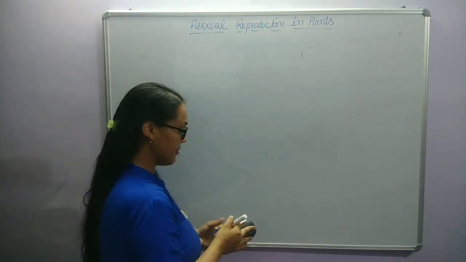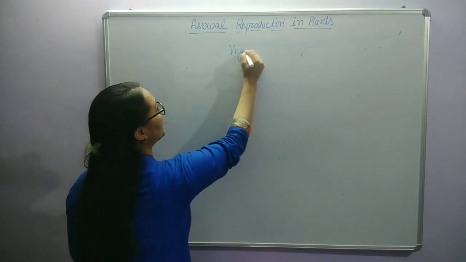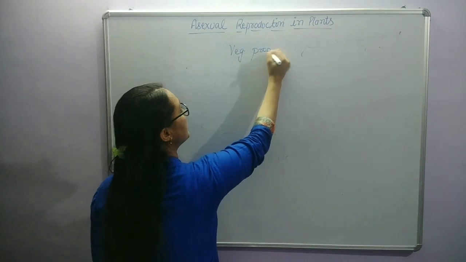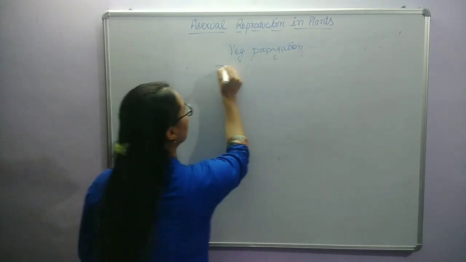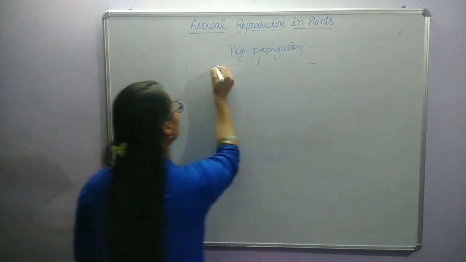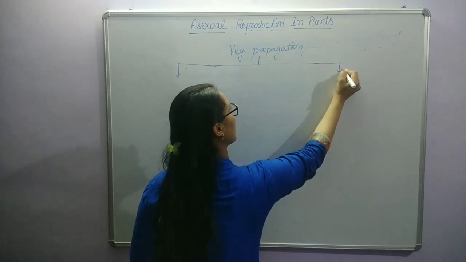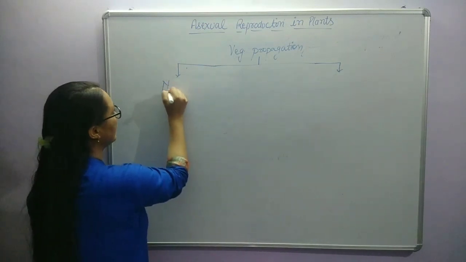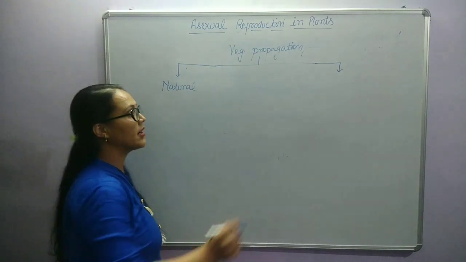Vegetative propagation is basically divided into two kinds. First is natural and another one is artificial.